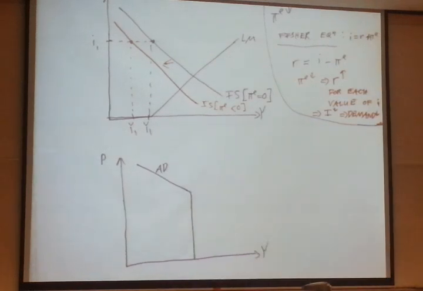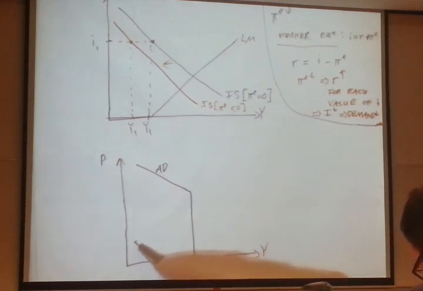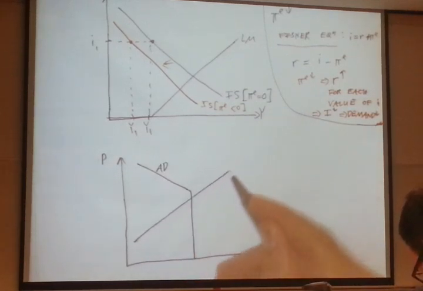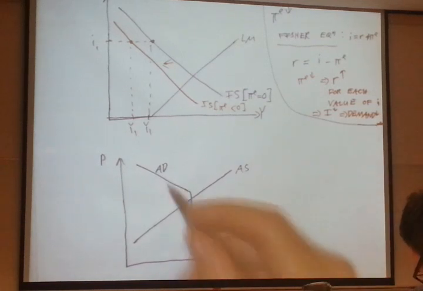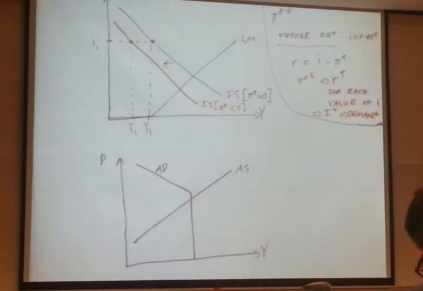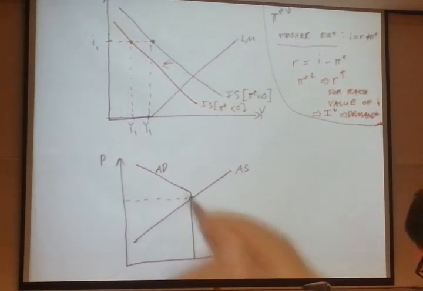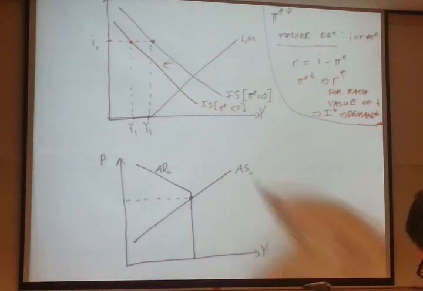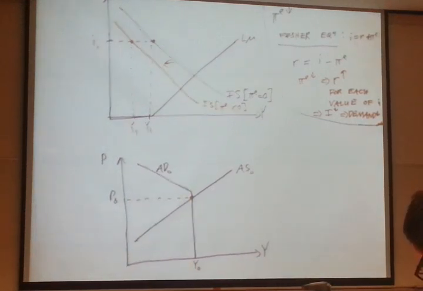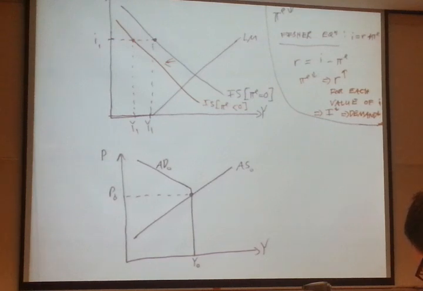That's AD. To complete the picture, we need to add the supply curve, and if the supply curve intersects AD on the vertical section, that means we're in a position where interest rates actually are at zero. So that's going to be our starting point for the analysis we do next. Let's call that AD0, AS0, price P0, and Y0.